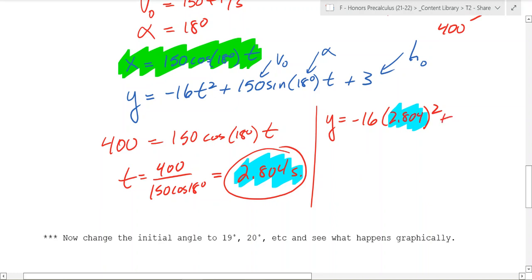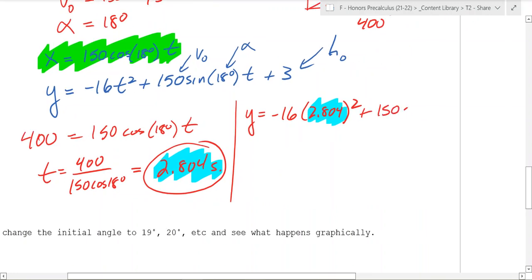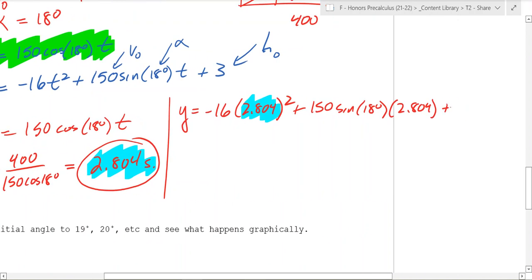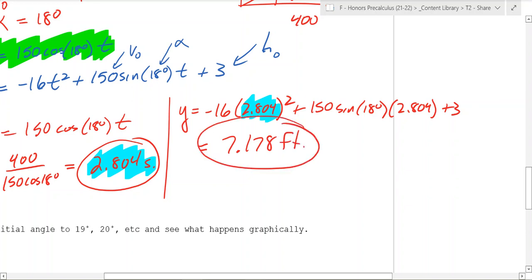Plus 150 sine of 18 degrees, and make sure you're in degrees, times 2.804, because that's the t, plus 3. So this will be the height at 2.8 seconds, which is when it's 400 feet away. When you do this out on your calculator, you end up with 7.178 feet. So will it clear a 20-foot fence? It will not. 400 feet away, it'll only be 7.178 feet off the ground.